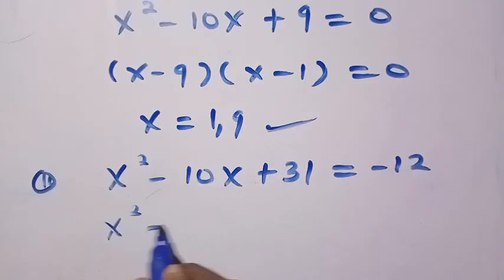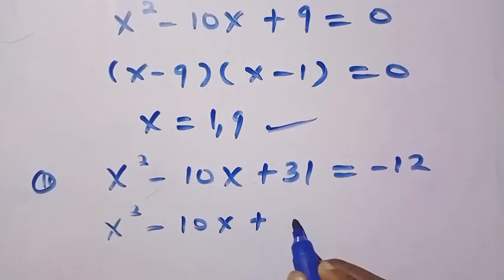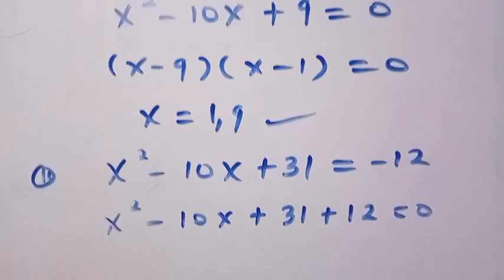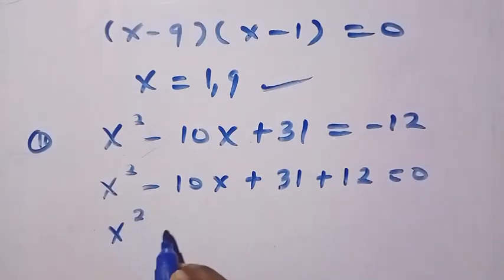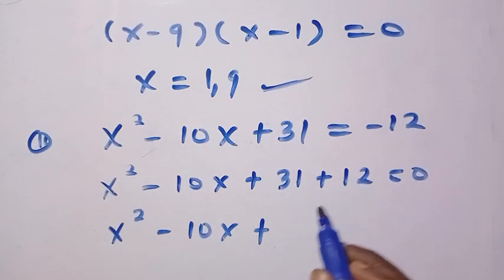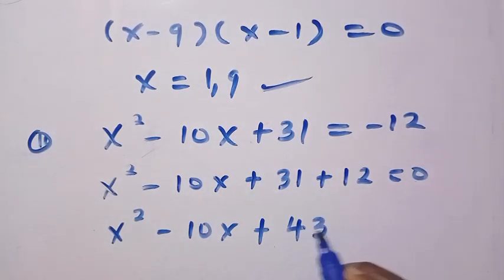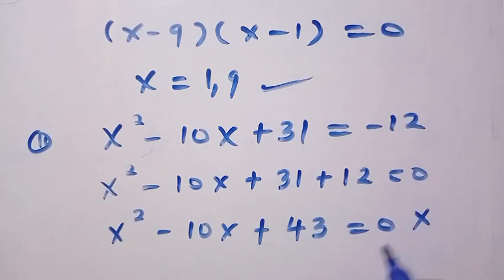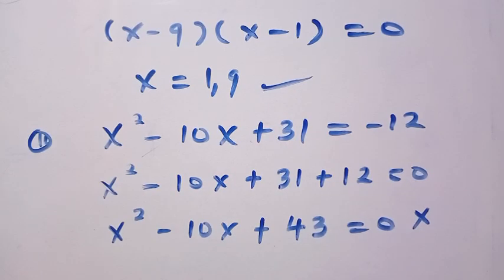Here becomes x squared minus 10x plus 31 plus 12 equals 0. x squared minus 10x plus 31 plus 12, that gives us 43 equals 0. But this gives us complex solutions, so I don't need the complex value here. x is defined on real numbers. So let's neglect this and see the second method of solving this problem.